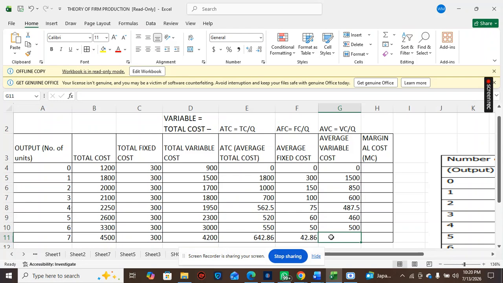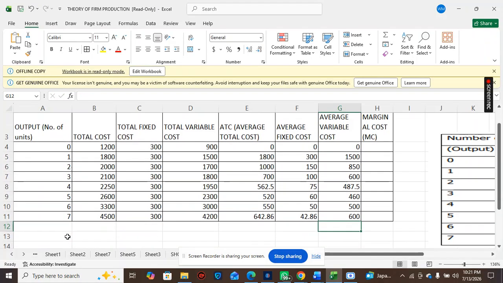When we produce 7 units, our total variable cost is 4,200 divided by 7, you get 600. So even here, what we've noticed with our variable costs, first they drop, then they start rising again. Any questions, colleagues?